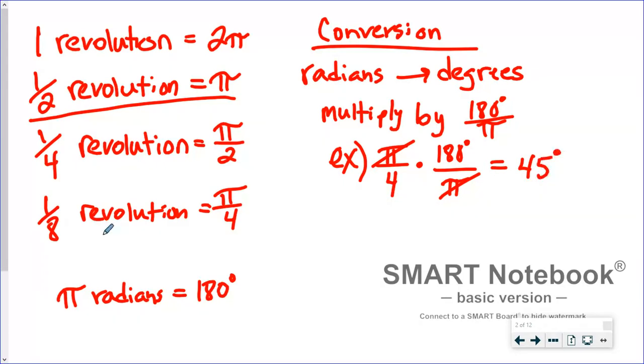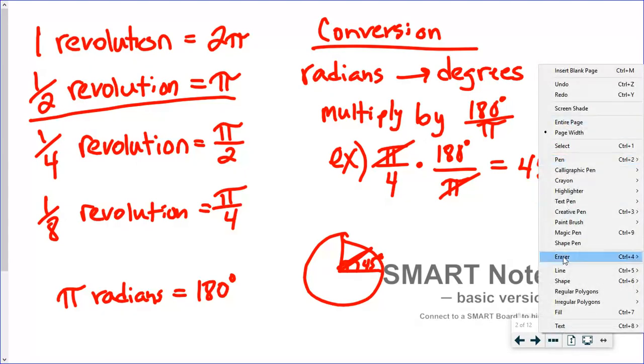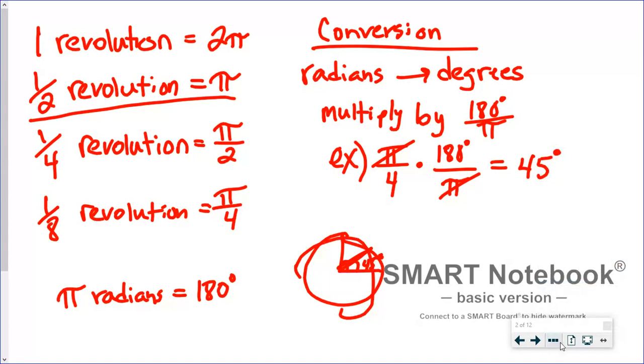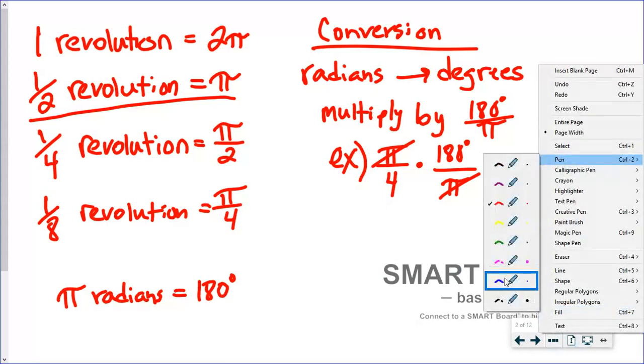So 1/8 of a revolution is 45 degrees. That makes sense. If you have your circle, a quarter of the circle is 90 degrees, and half of that is obviously going to be 45 degrees. Make sense? Yeah, you're going to put 180 on the bottom. Absolutely. Easy to do.